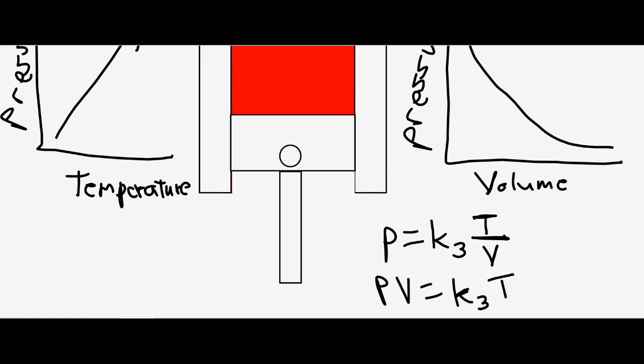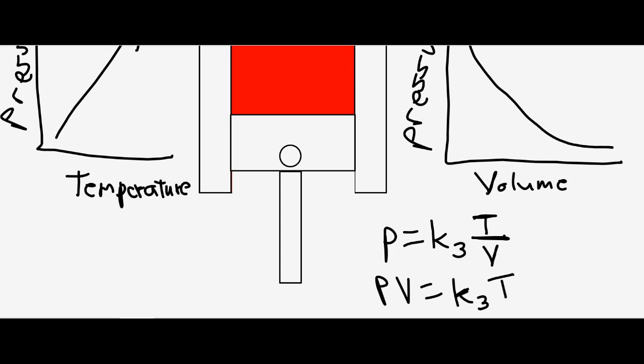But when you're told that there's a direct variation, you can write P equals KT. When you're told there's an inverse variation, you write P equals K over V. When you're told there's both, you can put them both in the same equation.